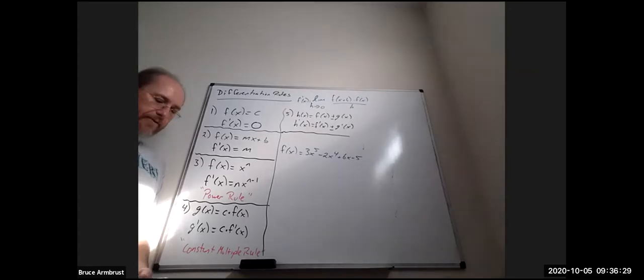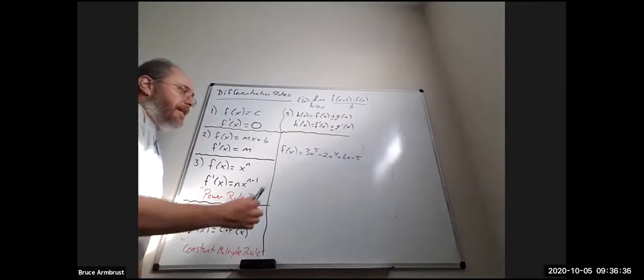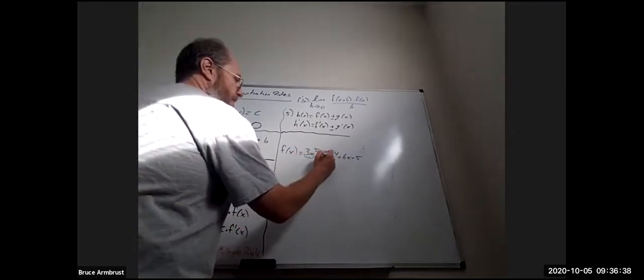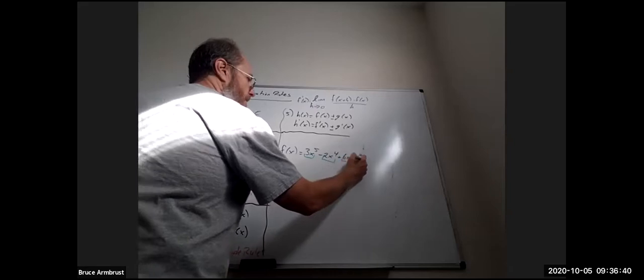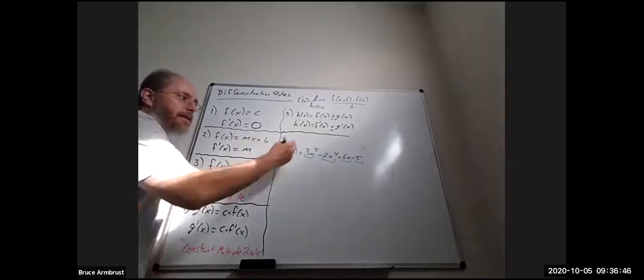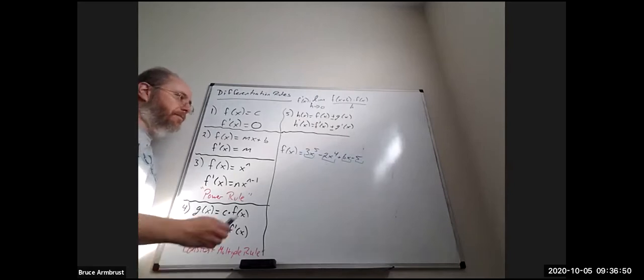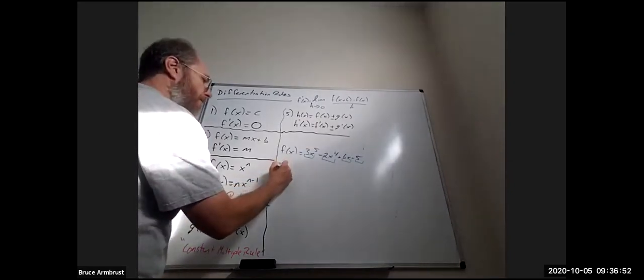Here's how we get the derivative very quickly. We start by breaking it into 4 pieces. We're going to look at each term individually. We're going to take their derivatives and then add or subtract as we had in the original function. All right, so here we go.